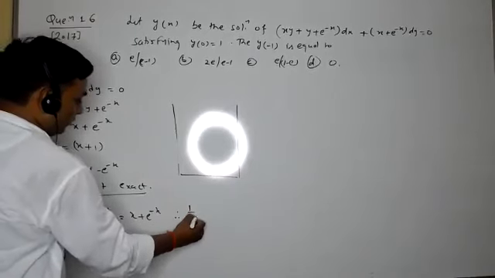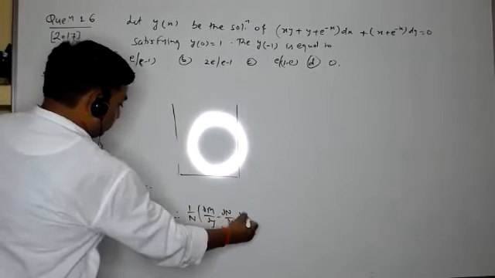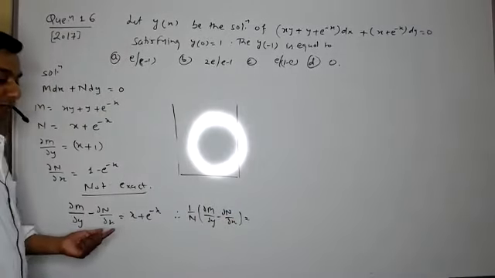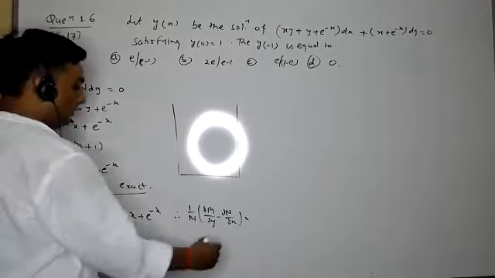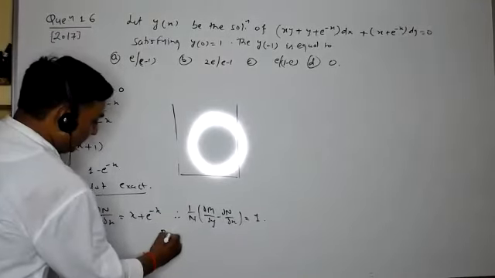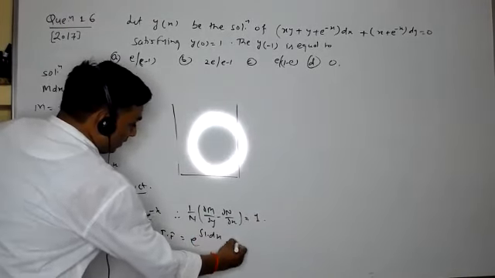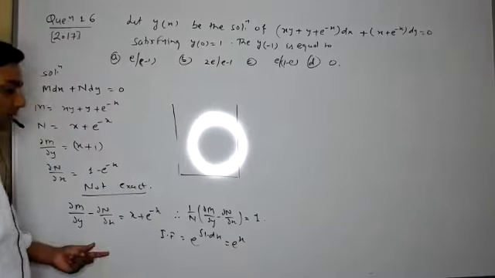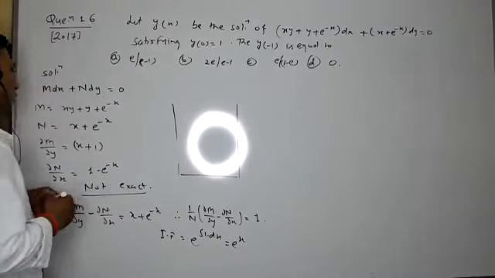So divided by N, that is 1 upon N. Now you will be comfortable at this step, right? If you divide by N, you get 1. So the integrating factor will be e raised to the power x.